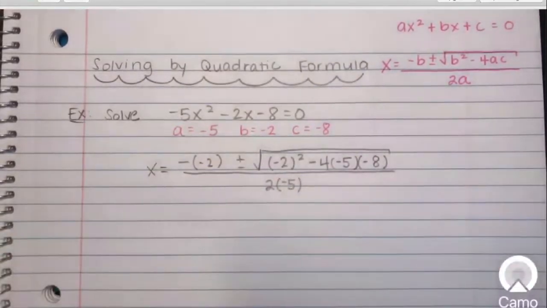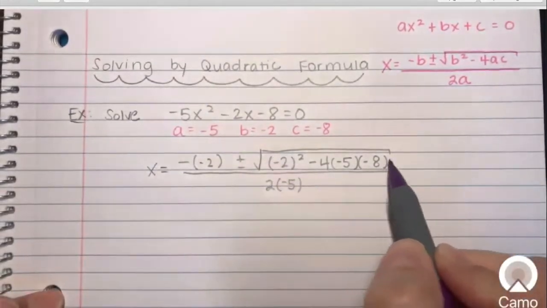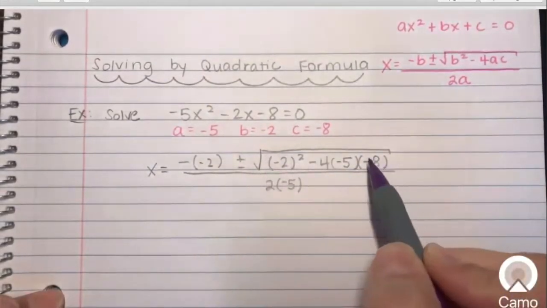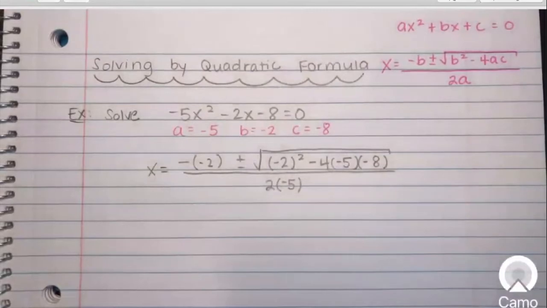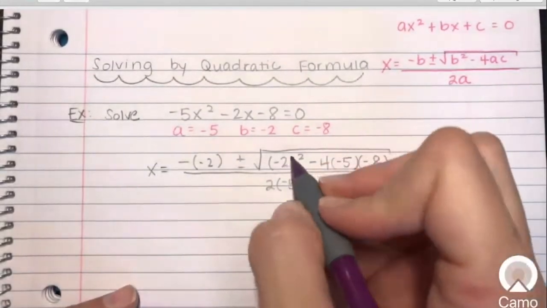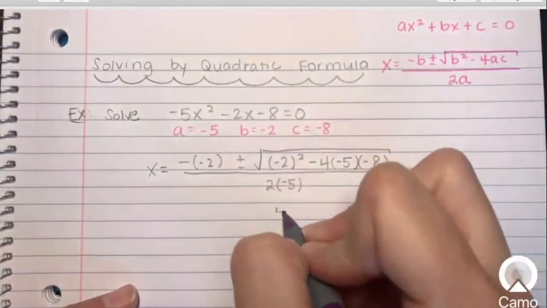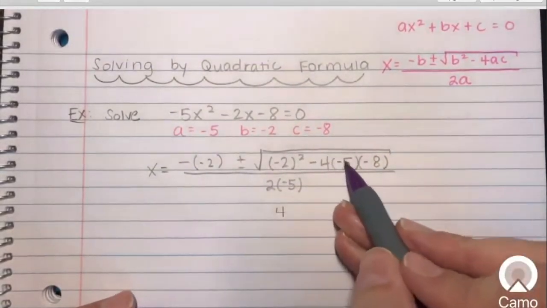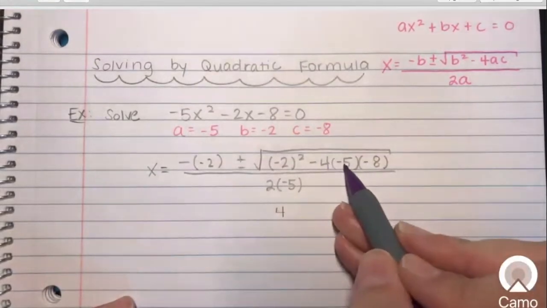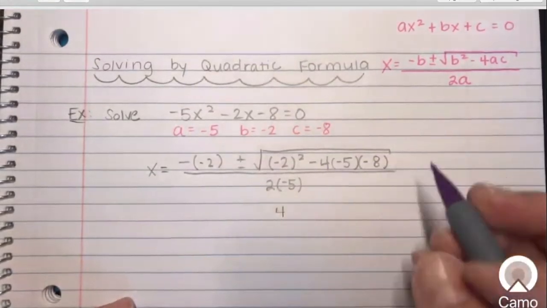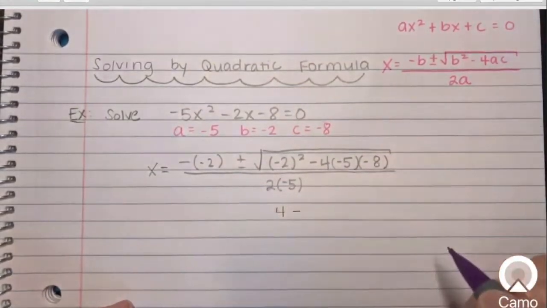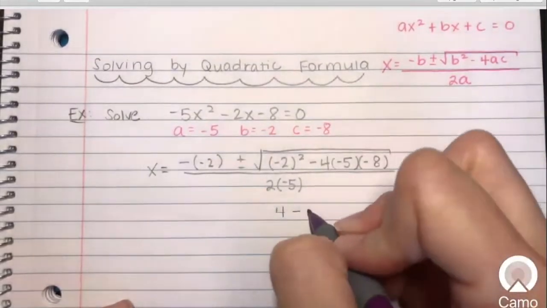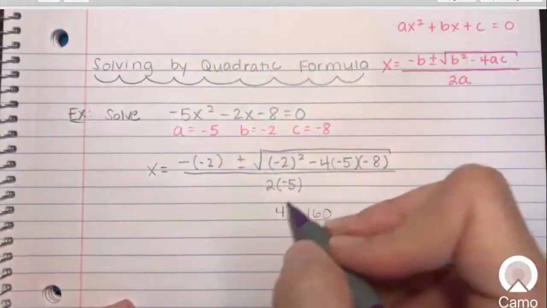Okay, so now from here we just have to simplify. So we're going to solve the part underneath our radical, and then we'll slowly work our way to the outside of the radical. So we know negative 2 squared is 4, and then we have 3 negatives in a row. A negative times a negative is a positive, times another negative is a negative. So we have negative 160. 20 times 8 is 160.